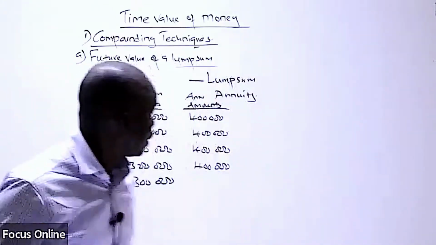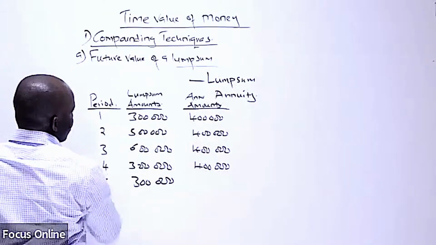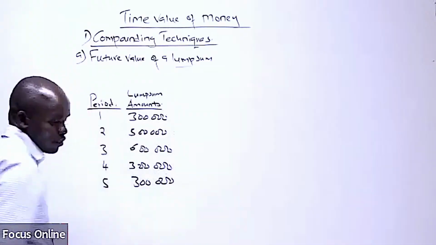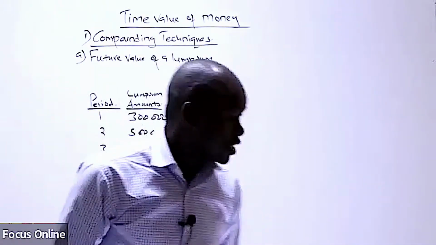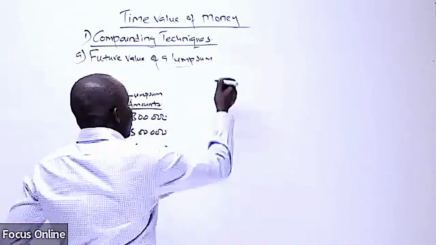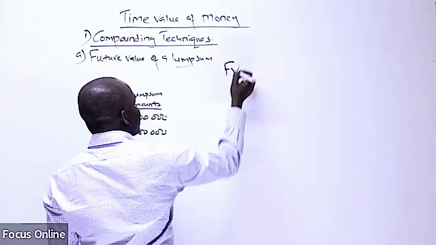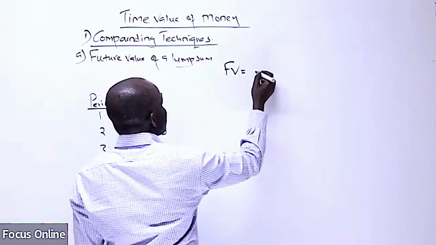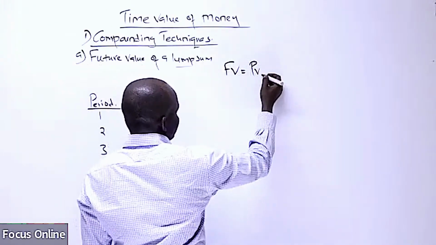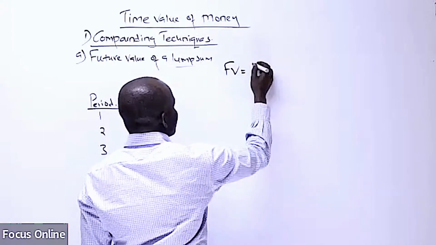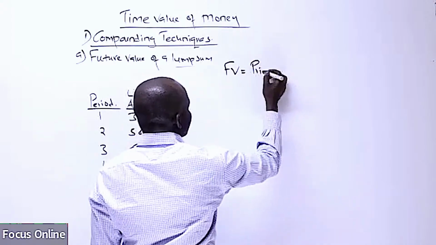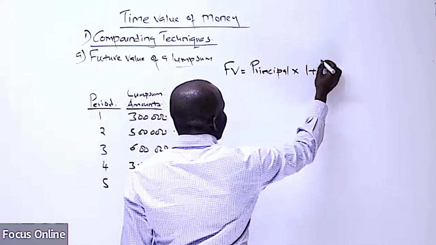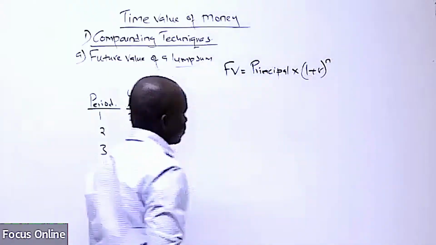So we are now looking at future value of a lump sum, the future value of this kind of cash flows. When you want to determine the future value of a lump sum, FV, it is equal to present value, or let's say principal, times 1 plus r power n.